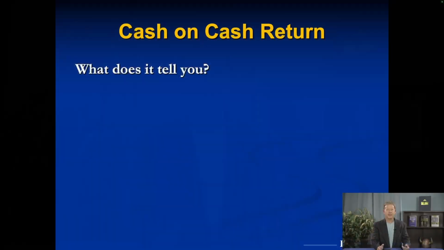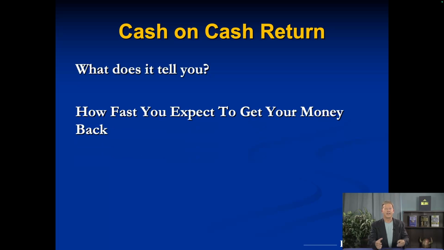Next up is cash on cash return. So cash on cash return, what is it? Well, what it tells you is how fast you can expect to get your money back on any particular project. So who's most interested in this? Well, certainly you are, okay? But if you have investors in the deal, investors want to know how fast they're going to get their money back or how much of a return they're going to get on their money, kind of like a savings account, okay?